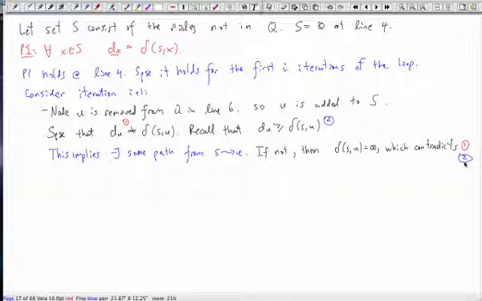All right, so all we've concluded is that if we come to this point and remove this node, it's either going to equal the distance, or there has to be some path from S to U. If du is equal to that thing, then our theorem is already proven and we can go home. If it's not, what we've concluded is that there has to be some path from S to U. So let's follow this path.